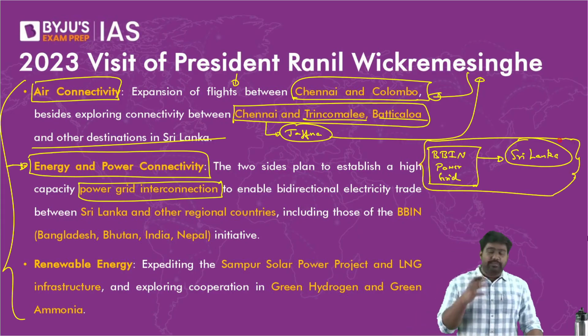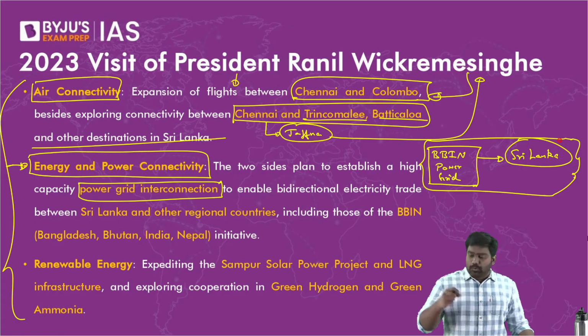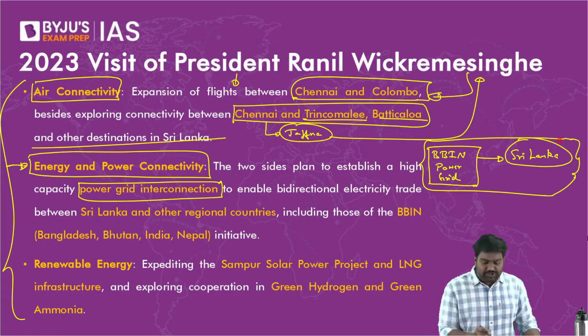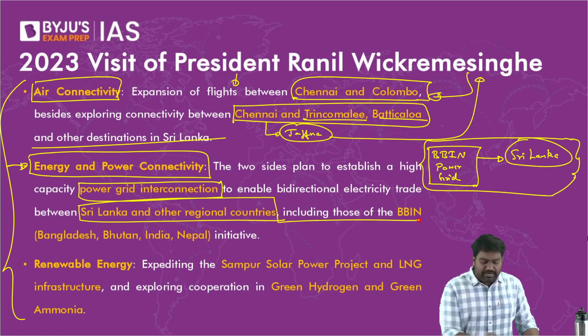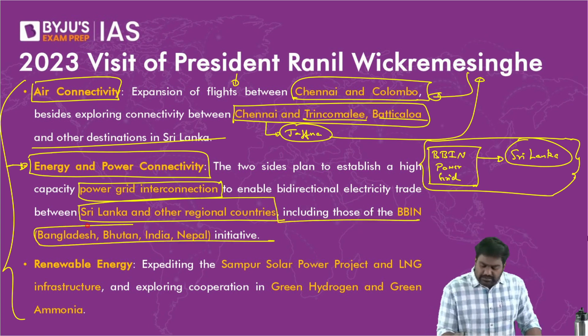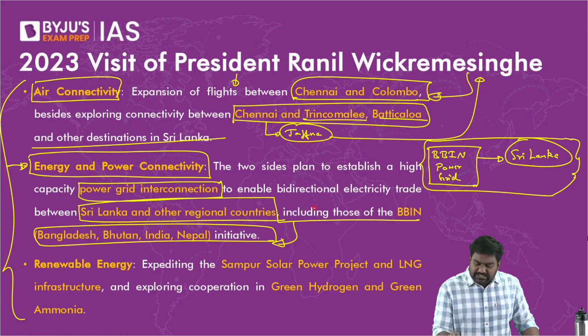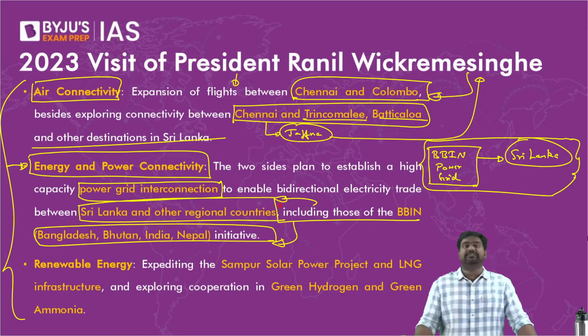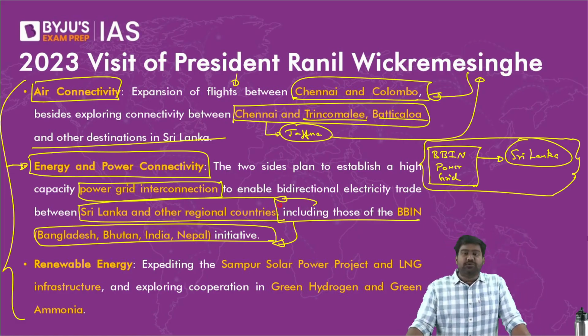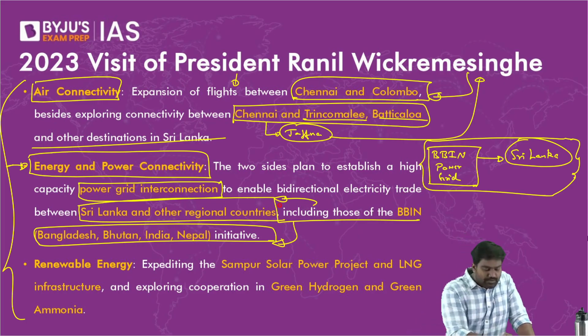It's a very big initiative of India. It provides energy security to whole South Asia. It will help Sri Lanka connect with not just India's power grid, but the grid of BBIN countries to overcome its energy deficit. It is facing shortage of electricity. So surplus from Bhutan and India can be transmitted to Sri Lanka in the coming days.